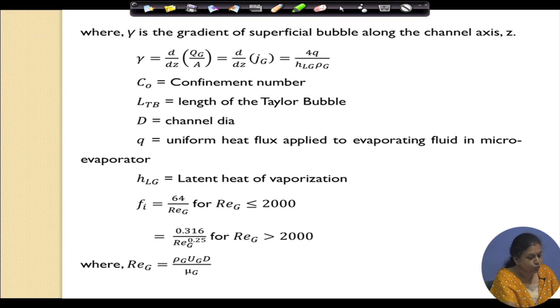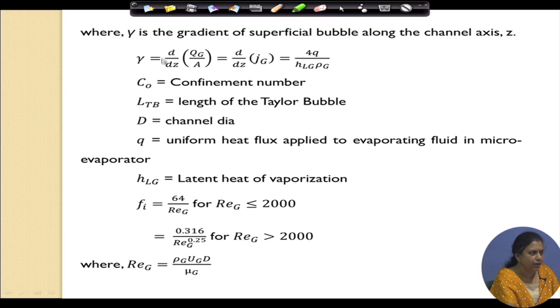One is that there is no liquid or vapor evaporating, and the other is that the annular film surrounding the bubble is very thin compared to the microchannel diameter. On the basis of these two assumptions, the expression of gamma reduces in terms of the uniform heat flux applied to the evaporating fluid, the latent heat of vaporization and the density of the gas.